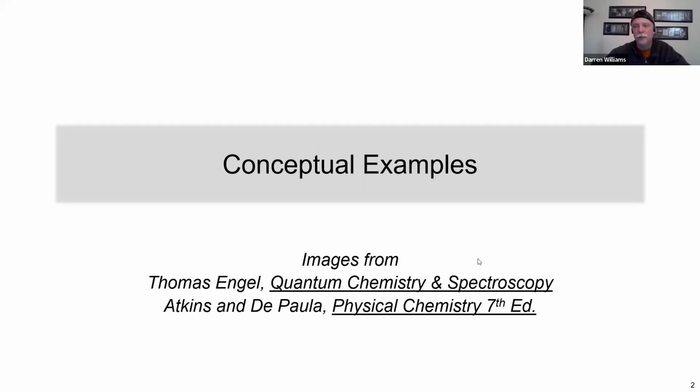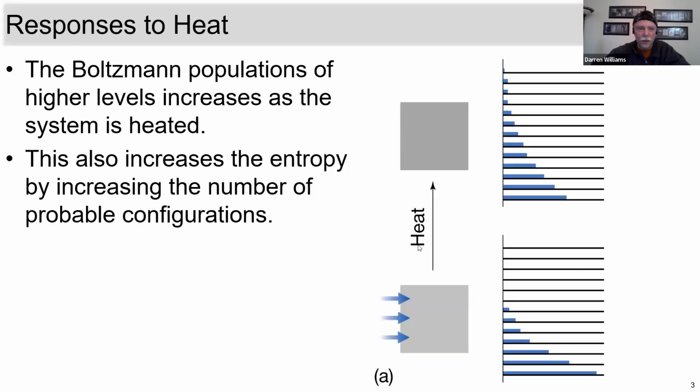Here are some conceptual examples of chemical equilibrium. As we've seen with the Boltzmann factor, we can change the temperature. Down here we have a system at a lower temperature, and we increase the heat, putting energy into the system.